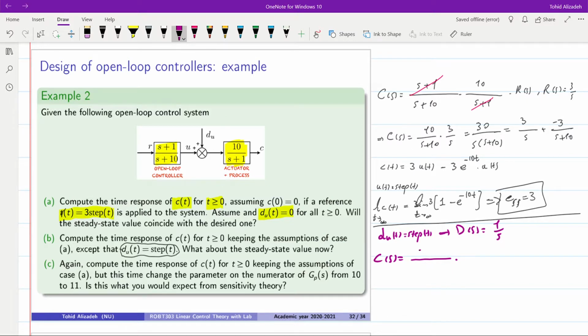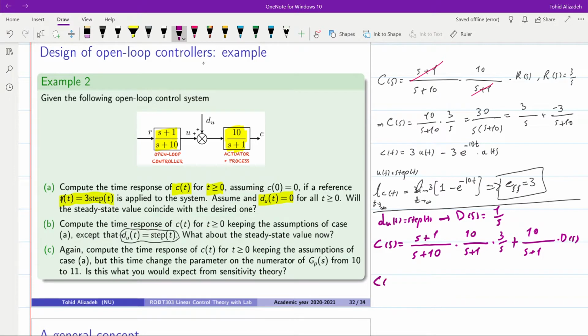So we will have s plus 1 over s plus 10 times 10 over s plus 1 times R, which is 3 over s, plus 10 over s plus 1 times D of s, which is basically 1 over s.